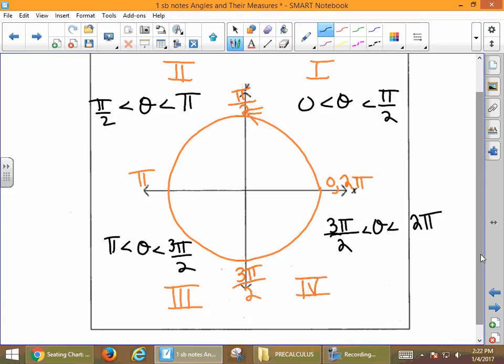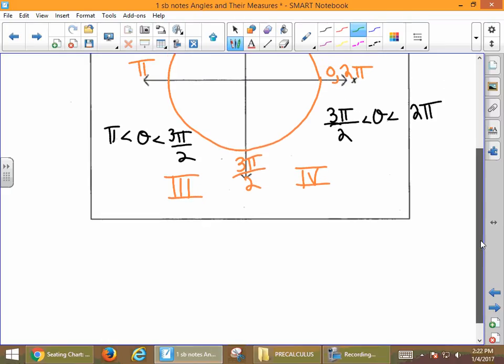If we want to go back and put those in degrees, then we can say that our angles are going to be between 0 and 90 degrees. And in quadrant 2, we're going to go from 90 to 180. But 90 is still quadrantal, and 180 is still quadrantal.